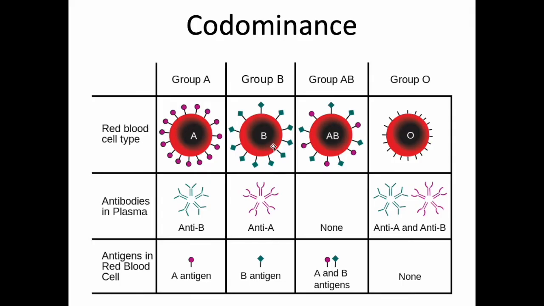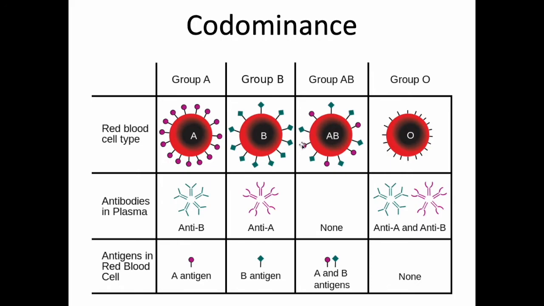If you have a B allele, your red blood cells will have the B version of this protein on their surface. Here's the codominance. If you have an A allele and a B allele, if you've got AB type blood, it's pretty rare in our population, but if you've got AB type blood, there's the codominance.